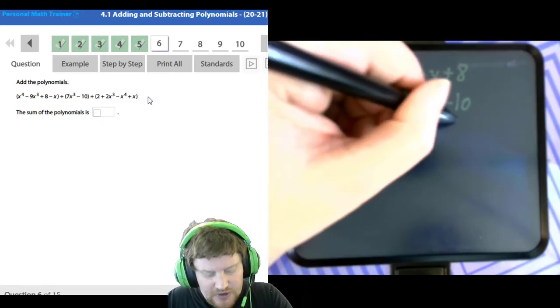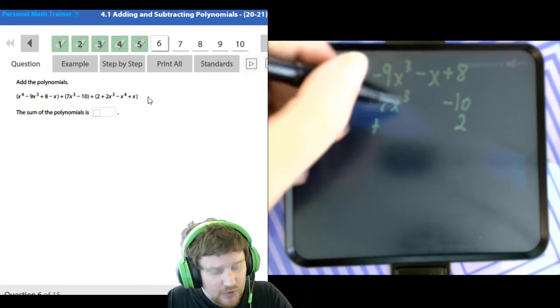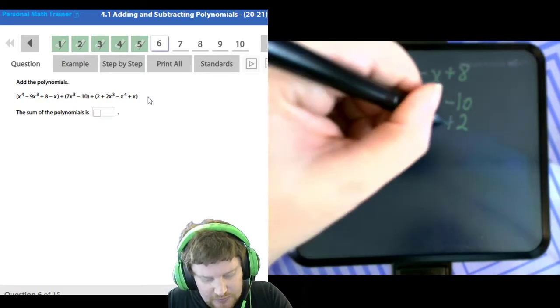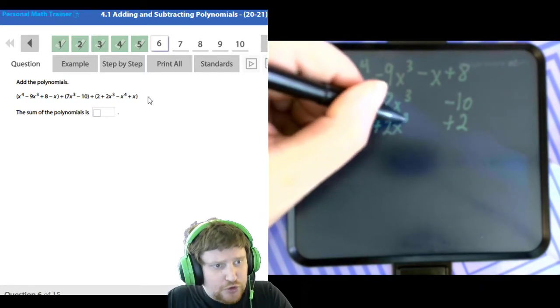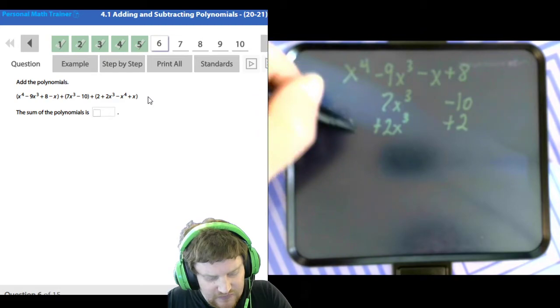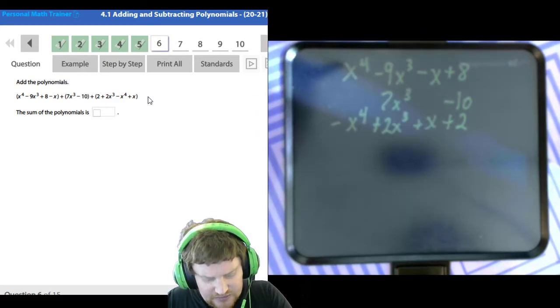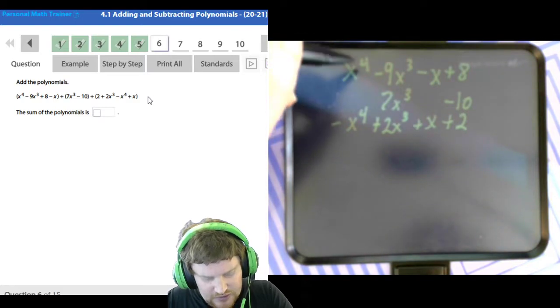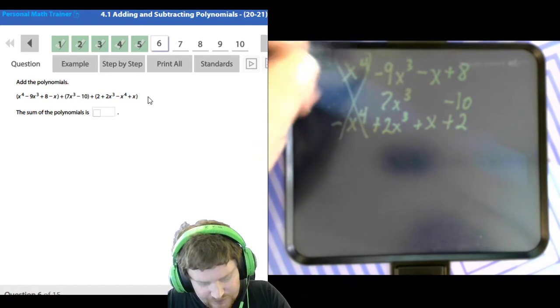In my third spot I have 2x cubed, this is going to be plus 2x cubed, negative x to the 4th, plus x. So x to the 4th minus x to the 4th, those cancel.